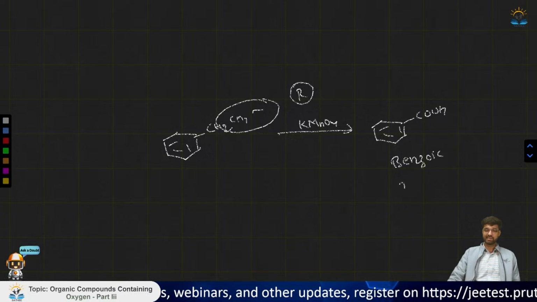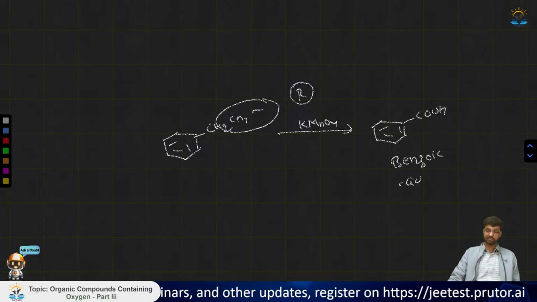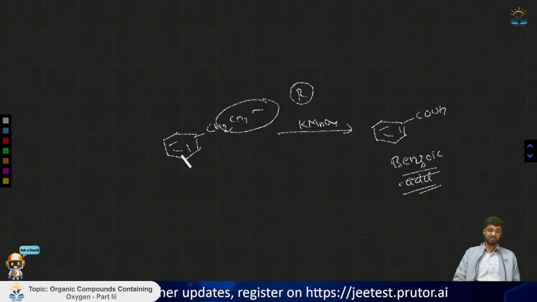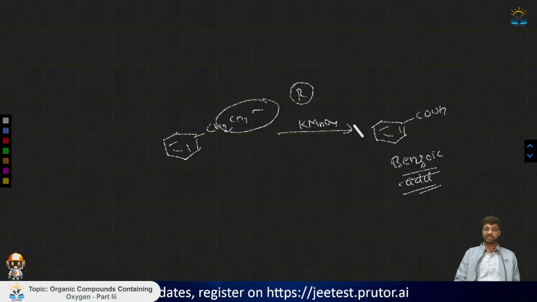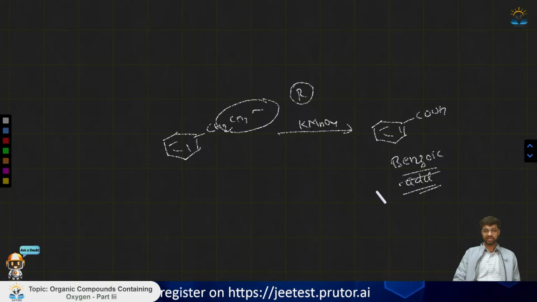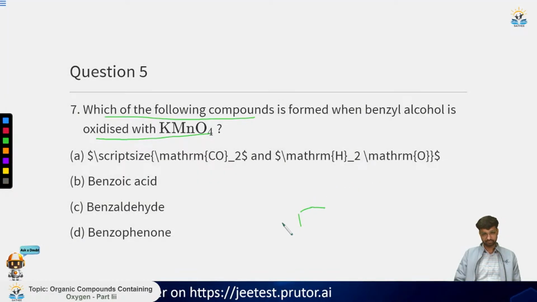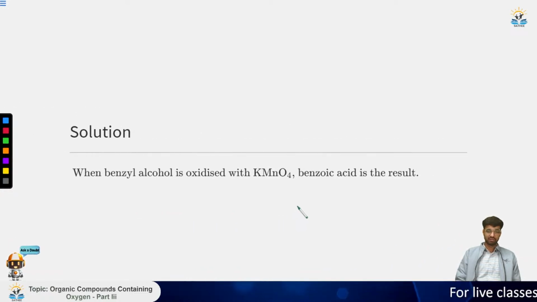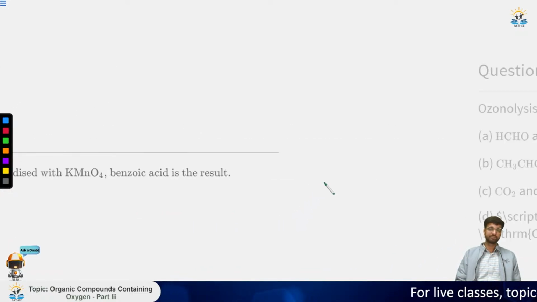This is an important reaction. KMnO4 can convert benzene with any length of alkyl chain to benzoic acid. So this is the correct answer. Now I have solved 5 questions. Now I will slowly show you 5 questions. You can solve them by yourself. If it is difficult, I will give you some hints. So this is the answer that is written.